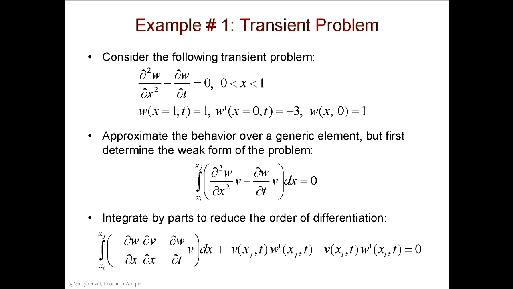We'll make it 1 at this end at any point in time. Okay, that's what that's saying. The second boundary condition says w prime at x equals 0, t equals minus 3. Well, what this is saying is that at any point in time, the value of w prime is minus 3. So the slope of w is basically minus 3.